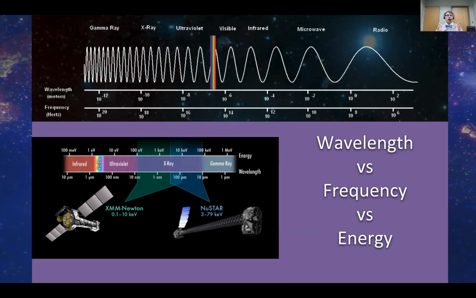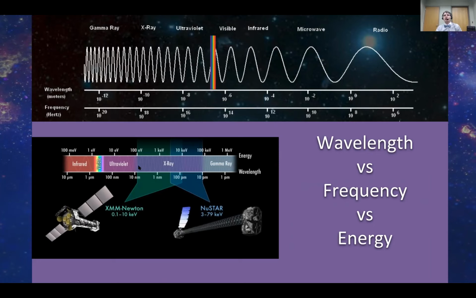So depending on what type of astronomer you're talking to, they might put their pictures in different ways. For example, at the top, we've got gamma ray on the left and we've got radio on the right, and the wavelengths are going up as we go to the right, which means that this one was probably done by someone working in the infrared or the radio or maybe the visible, because people like their numbers to get bigger as they go to the right.